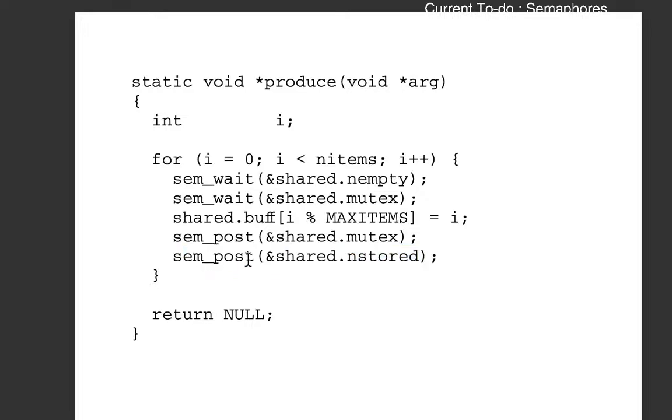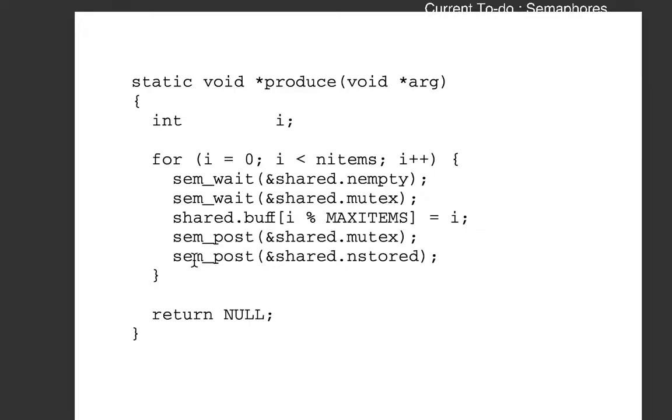You're posting. So basically, you're decrementing the empty space you're using. Given that it is greater than zero, and you're signaling, you're incrementing the stored variable, so one more is stored.